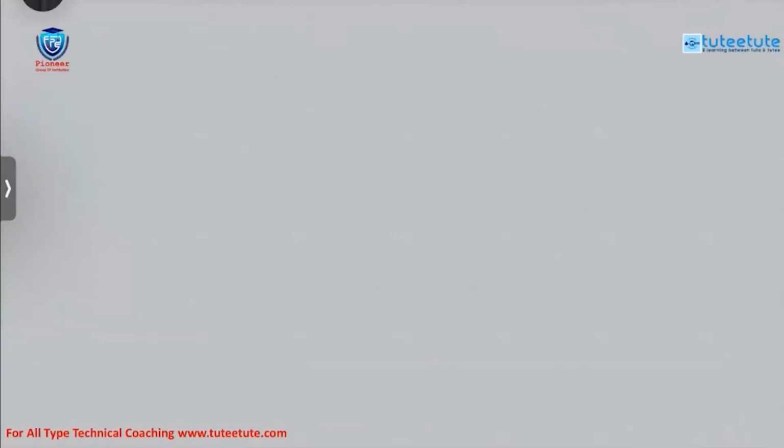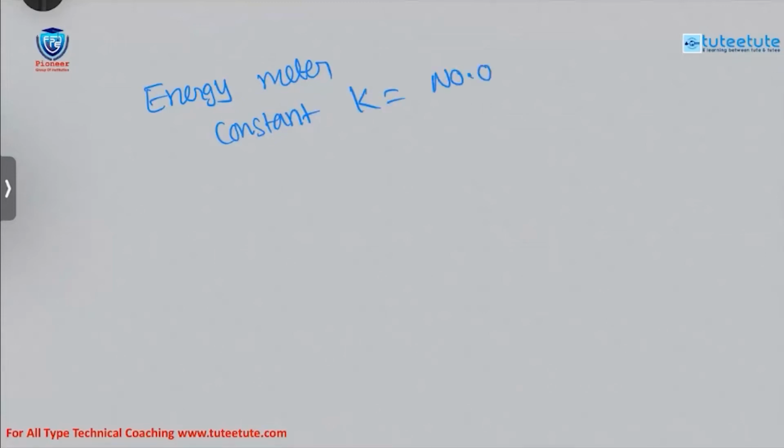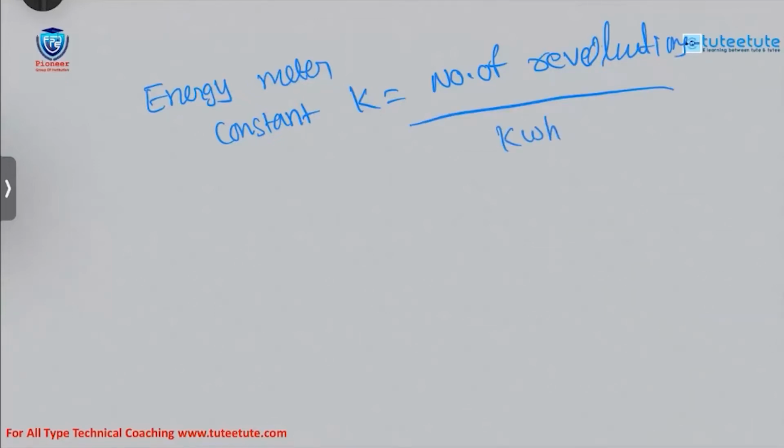One more important formula related to the energy meter is the energy meter constant. K is given as number of revolutions divided by kilowatt hour.